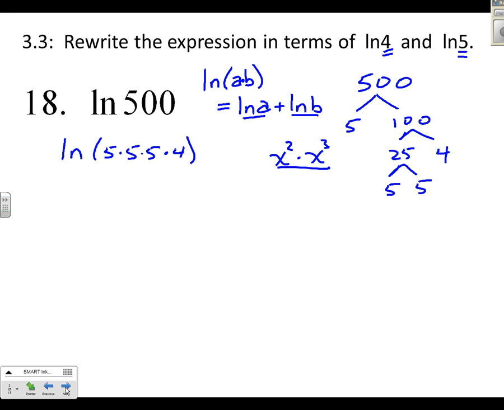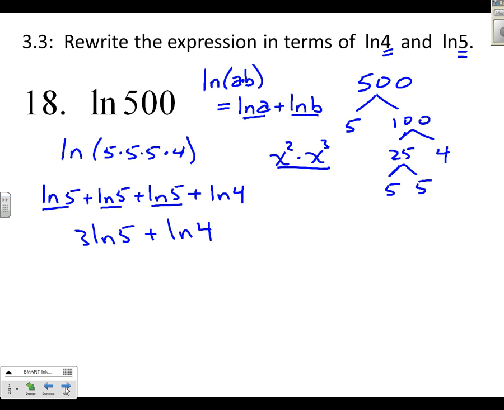So all of these products can become sums of different logarithms: ln 5 plus ln 5 plus ln 5 plus ln 4, or an apple plus an apple plus an apple is 3 apples, plus this ln 4. So now everything is in terms of ln 4 and ln 5.